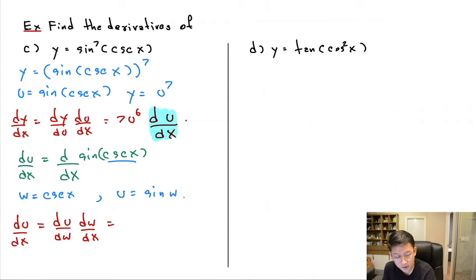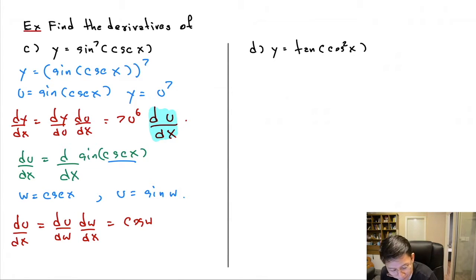It is the derivative of u, which is cos w, right? The derivative of sine is cos. And then dw by dx is the derivative of cosec. What is the derivative of cosec? Remember? The derivative of cosec is minus cosec cot, right?